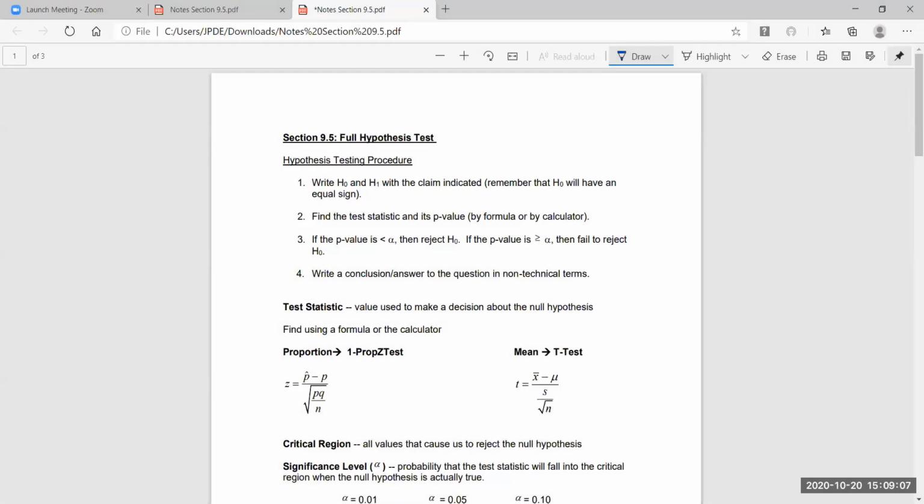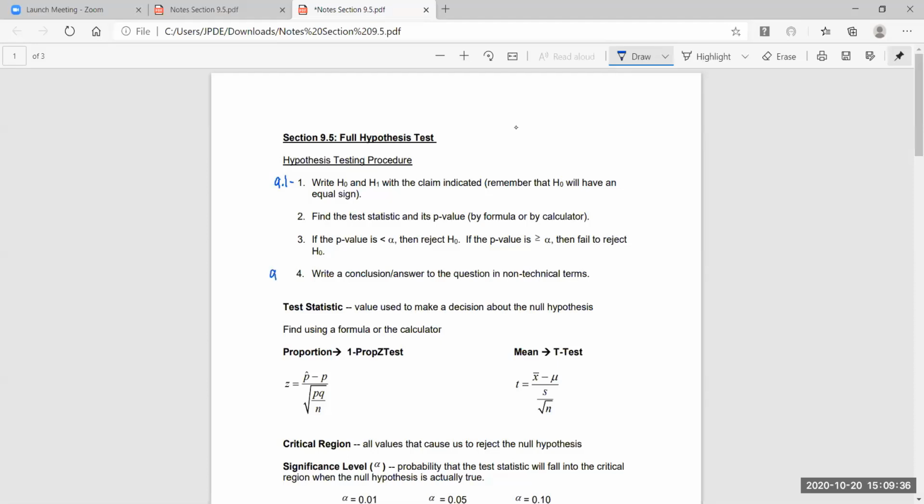Hi class. Today we are finally getting to our full hypothesis test, which is section 9.5. Once again, I have our 4 steps for our hypothesis testing procedure. And just a reminder, in section 9.1, we learned how to write our null and alternative hypothesis statements with the claim indicated.